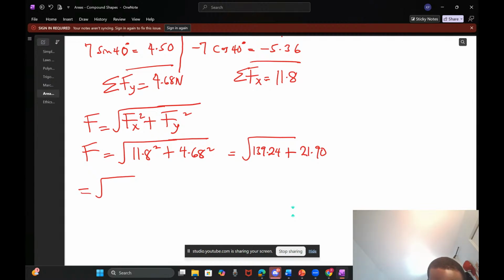So 21.90 plus 139.24 is 161.14. Okay, we square root the answer. That will be 12.69 newtons. So that's the resultant force.